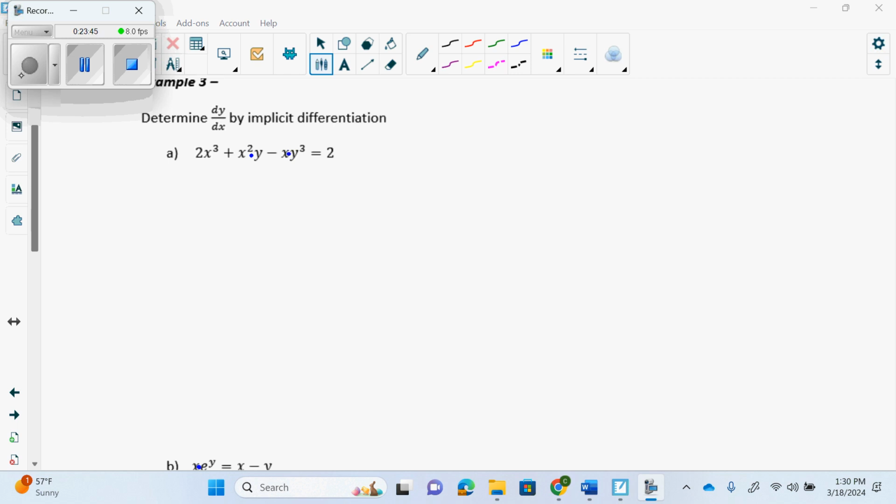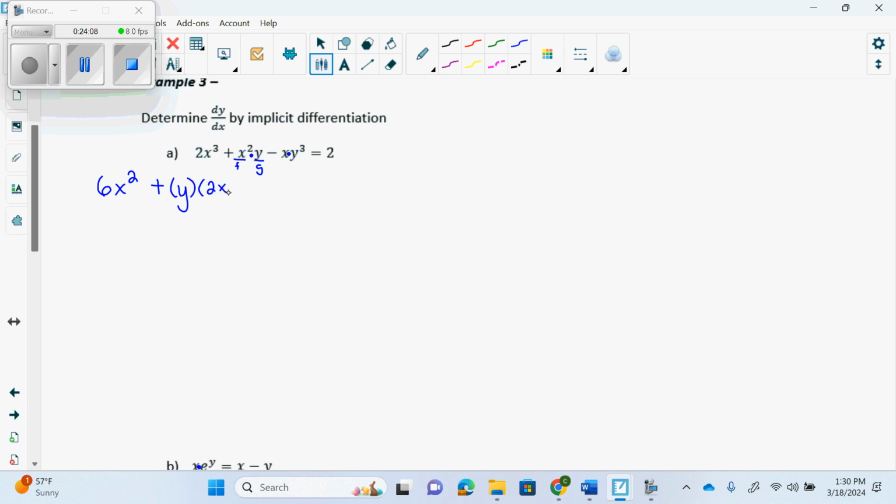So if I take the 2x cubed, I get 6x squared. Technically dx over dx, but I don't have to write that because it just goes away. Then I go plus g, so this is f, this is g. So I go g, f prime, so the derivative of f is 2x.